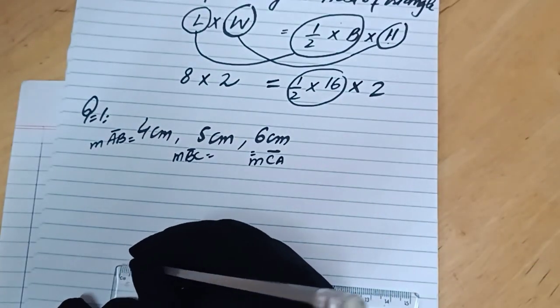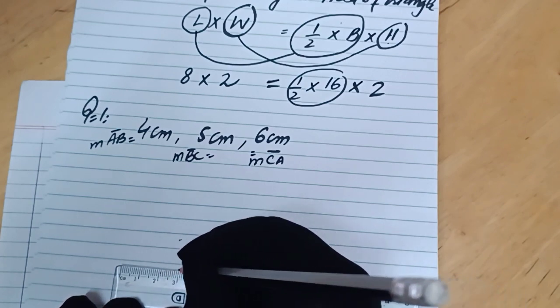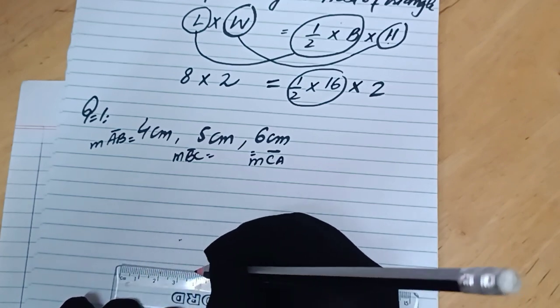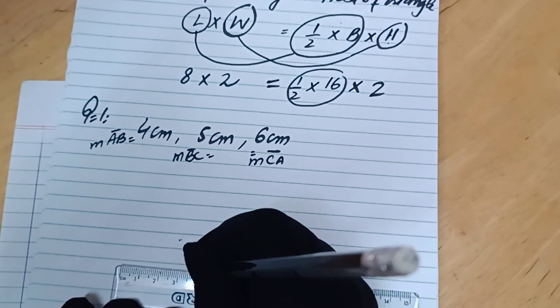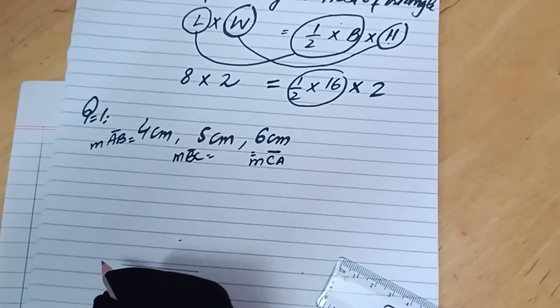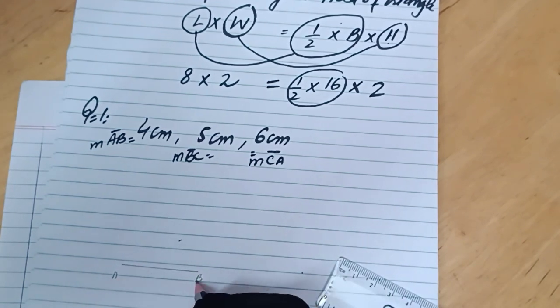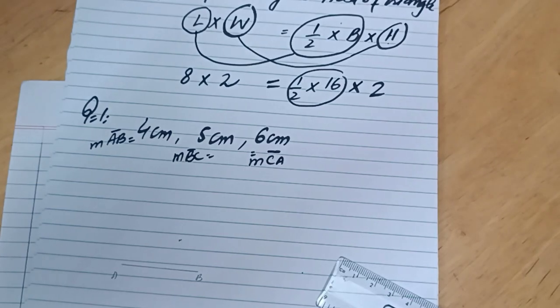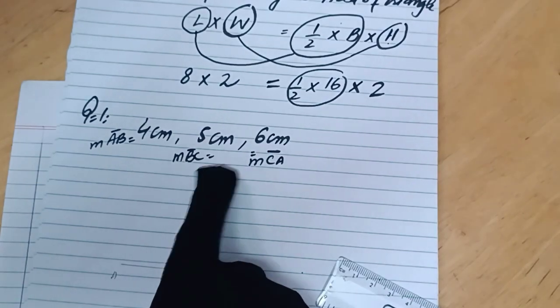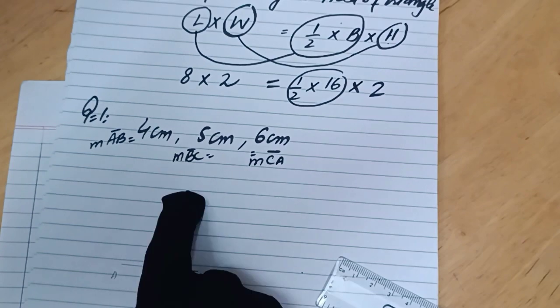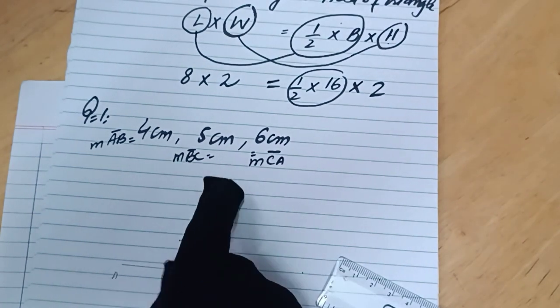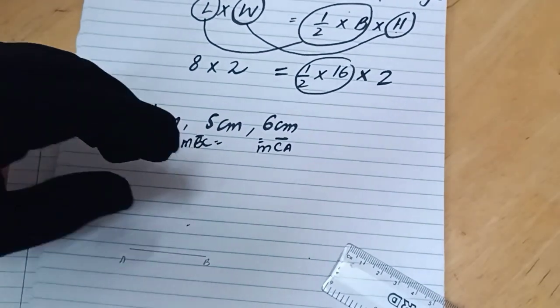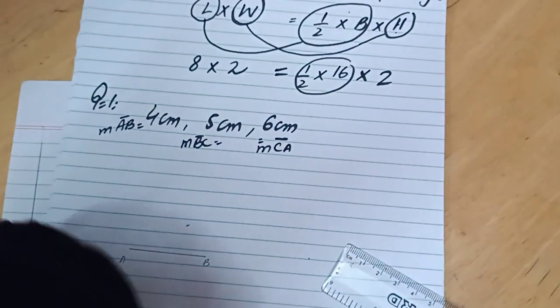Suppose I'm taking 4 centimeter first. I choose this as the base AB, 4 centimeter. Then I have to take the other two sides, 5 and 6, meaning from B to C 5 and from C to A 6. In my previous videos also I have explained how to draw.